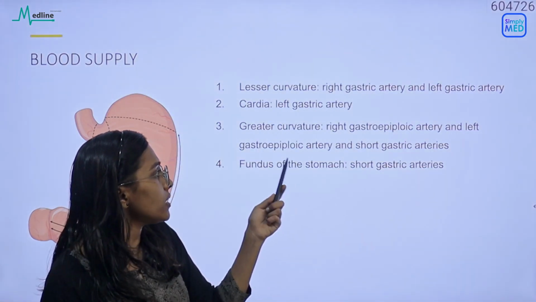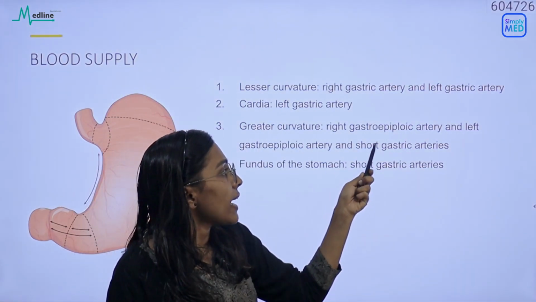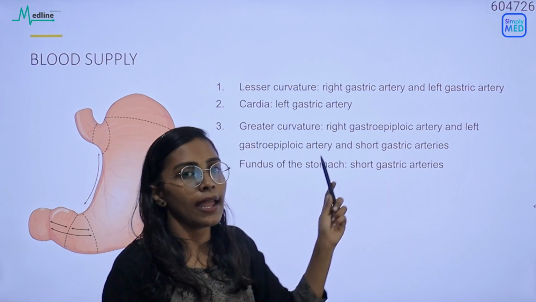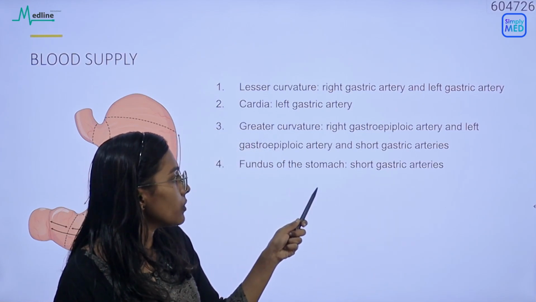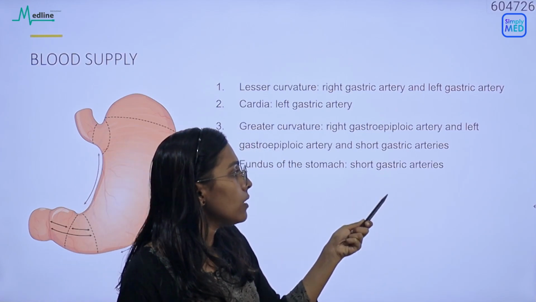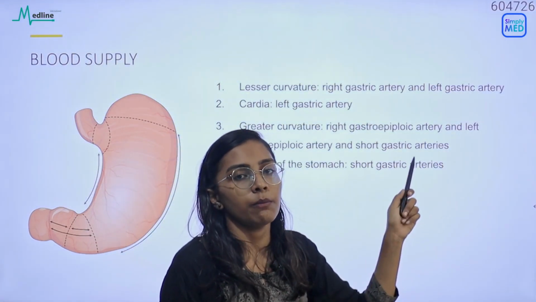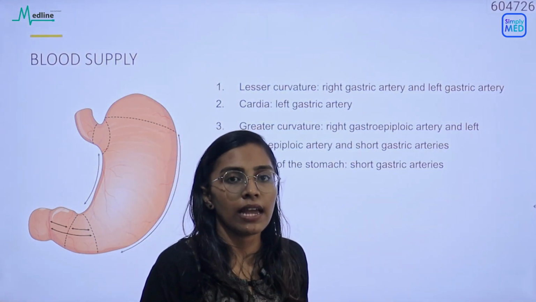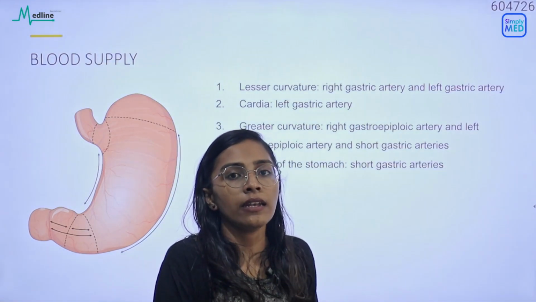The greater curvature is supplied by the right gastroepiploic artery, left gastroepiploic artery, and short gastric arteries. Finally, the fundus of the stomach is supplied by the short gastric arteries. Just remember these arteries and which one supplies which parts.